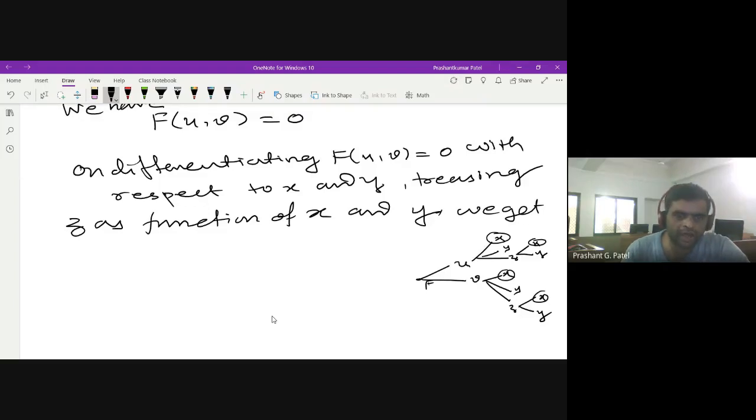So what you will have here is del f by del u into del u by del x plus del f by del v into del v by del x equal to 0. But del u by del x covers only one path, so that is not what you should have.